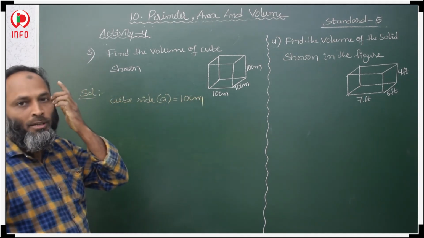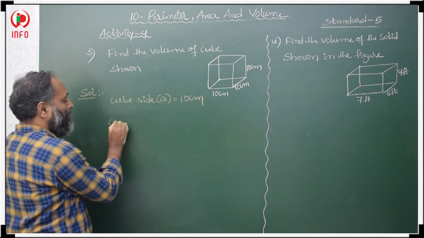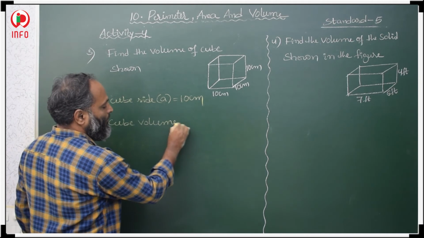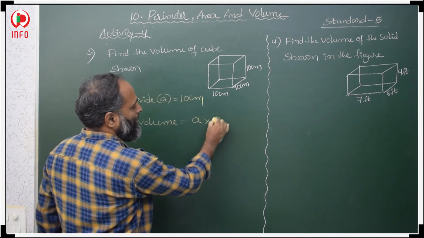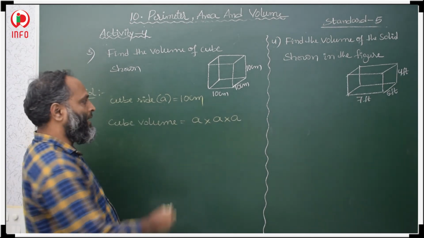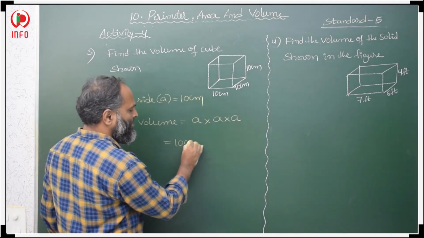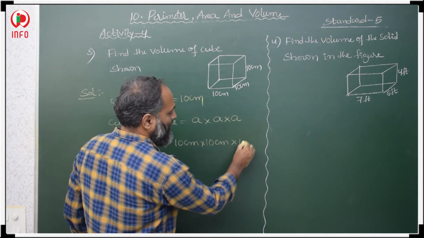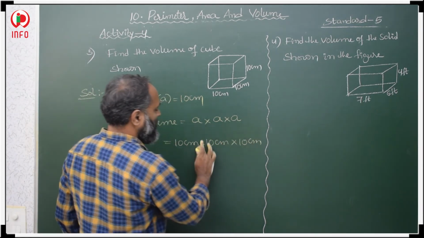Now the cube volume formula is A into A into A, side into side into side. Side is 10 centimeters into again side 10 centimeters, into again side 10 centimeters.